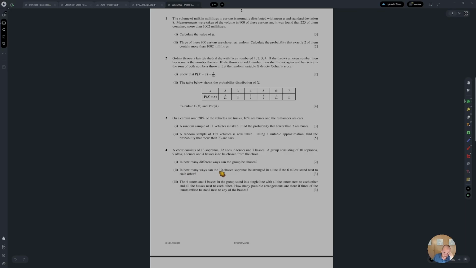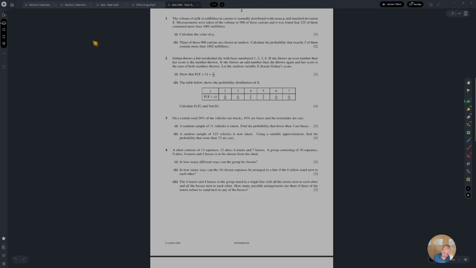In how many ways can the 10 chosen sopranos be arranged in a line if the 6 tallest stand next to each other? Now you're focusing only on the sopranos, these over here. And you have 6 of them, which are the tallest, and they need to stand next to each other. If you pay attention, this is the same kind of question as a word question, in which you have 10 letters, and you want 6 of them to be grouped.